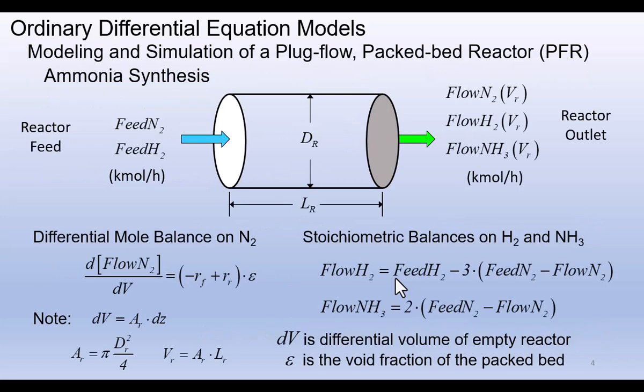So our concept here is that we have a feed stream of nitrogen and hydrogen. Eventually, as we model the reactor, there will be a couple of inert gases that are carried along through the reactor but do not participate in the reaction. And then the reactor, we're giving it a cylindrical geometry with a certain length and inside diameter.